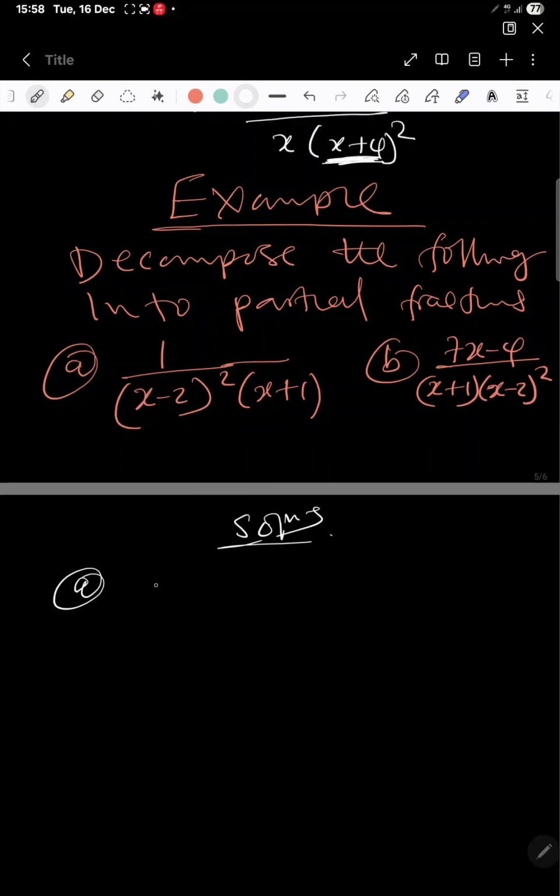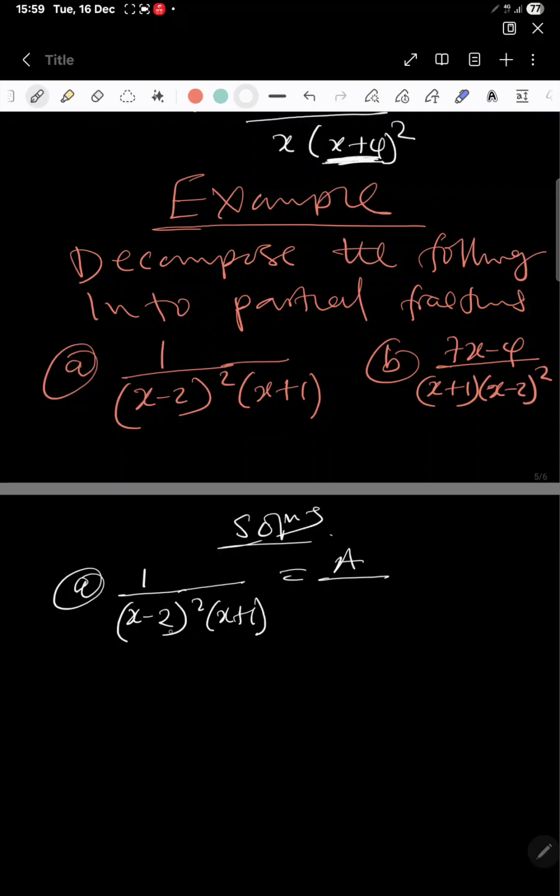So solutions, we have question number 1, which is decomposing 1 over x minus 2 squared times x plus 1. Whenever you are decomposing a linear factor into partial fractions, you say this is A over the first factor.